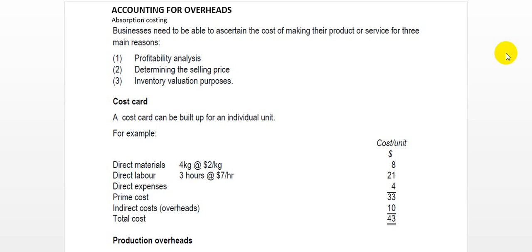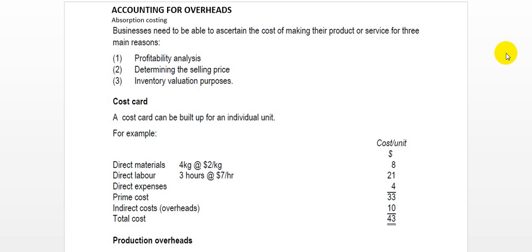So if you are trying to find the cost of 1 unit of a product, you're going to collect the costs of the components which are going into that product on a cost card. So you're going to record your labor, how much labor is required to go into this product, and how much the labor is costing you.